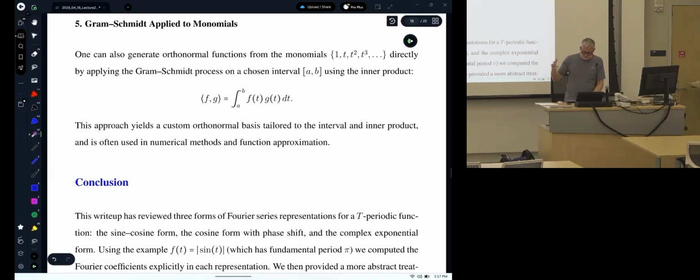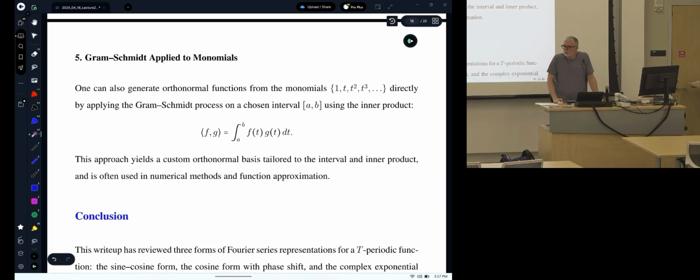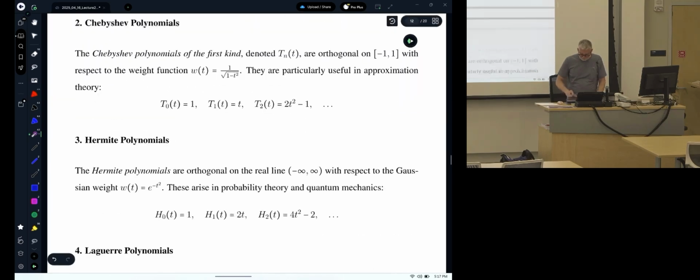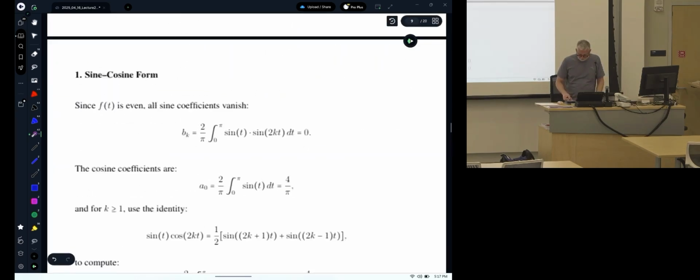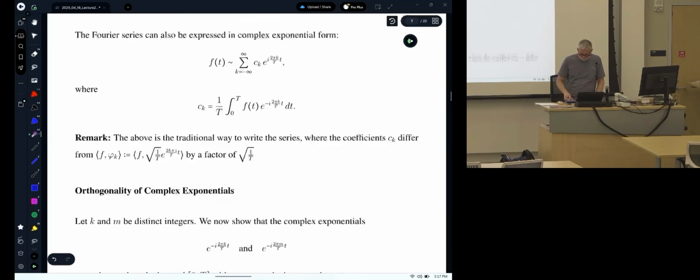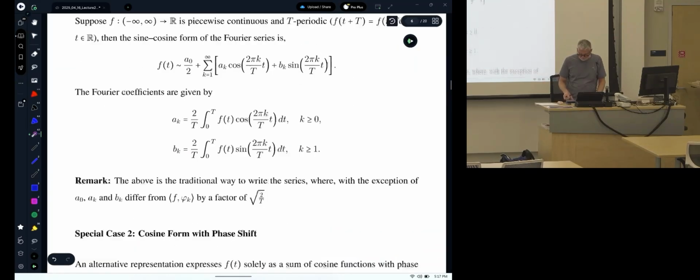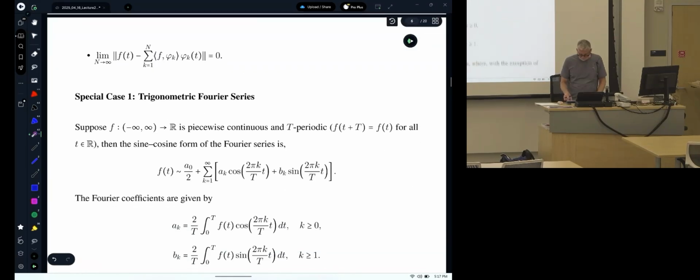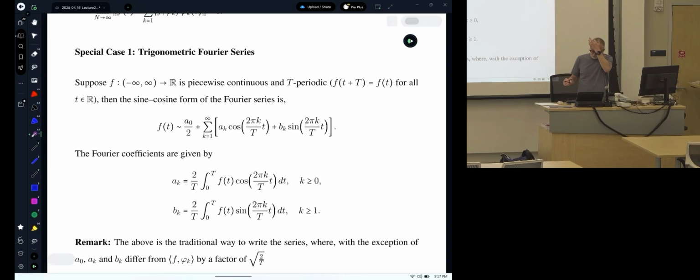So there's one package in Julia for doing analysis of functions. It takes the function and computes its Fourier series, and then it recognizes that, suppose we did it with cosines and sines.